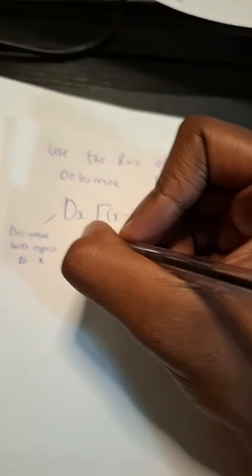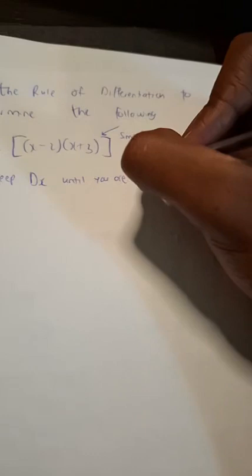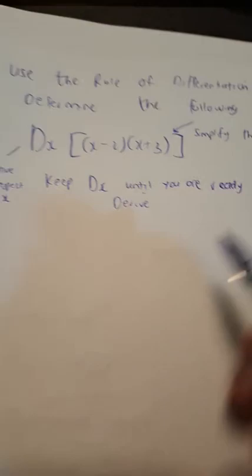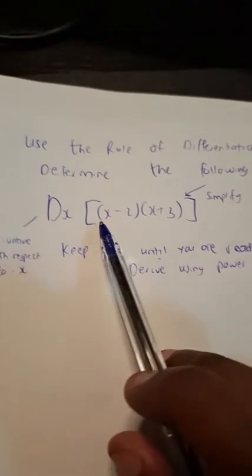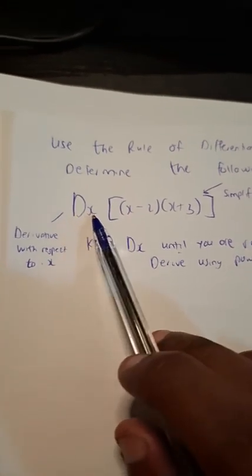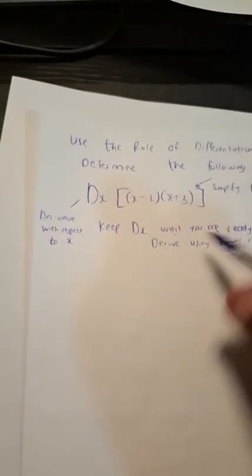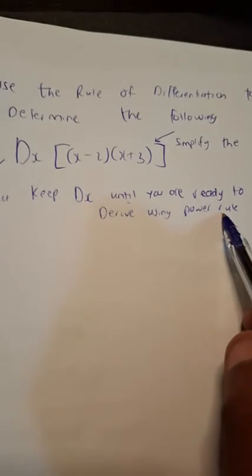So what you do is you keep d over dx until you are ready to derive using the power rule. You must keep d over dx and simplify this thing until you are ready to derive using the power rule.